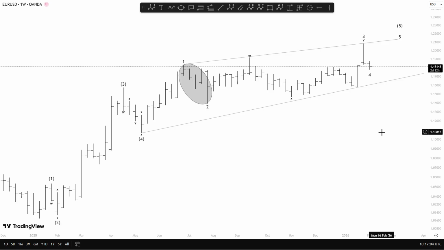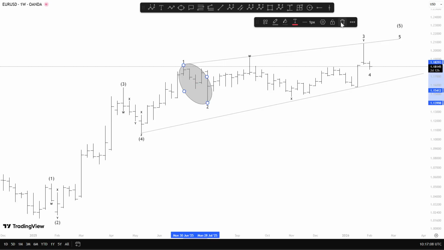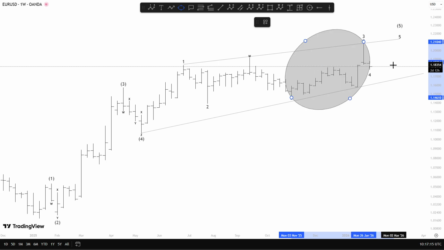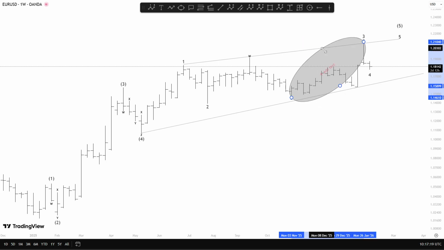Last month, we predicted this wave 3 before it actually unfolded.